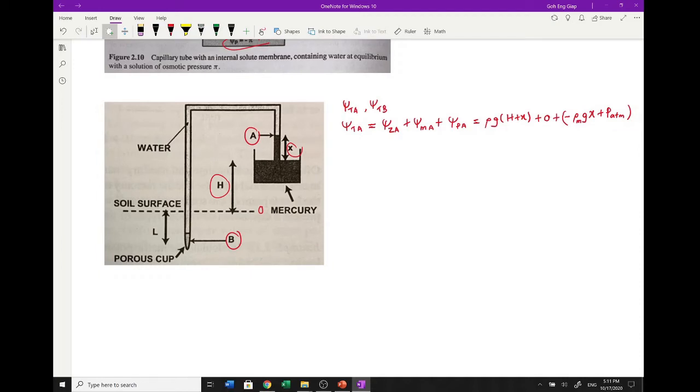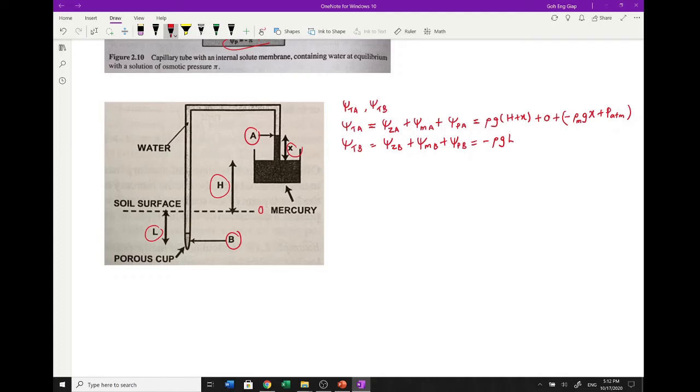So how about we take into account the total potential for point B. Similarly we list out the components. If you look at the gravitational potential, point B is L below the soil surface, because the soil surface is the reference point, so we take negative rho g L, negative because it's below.